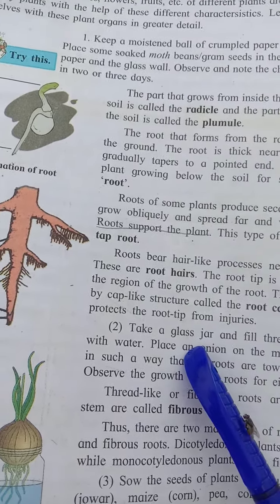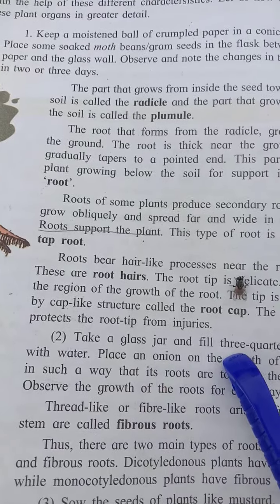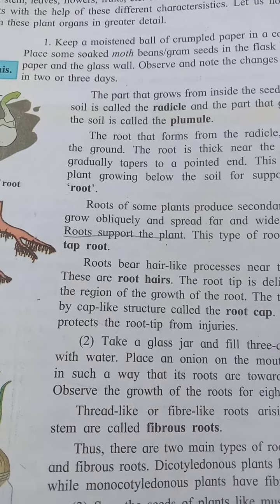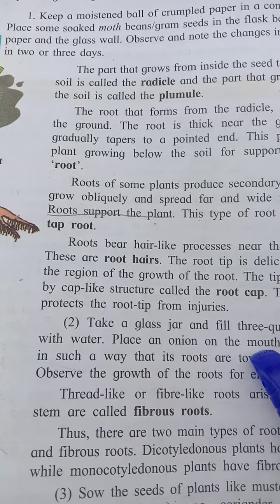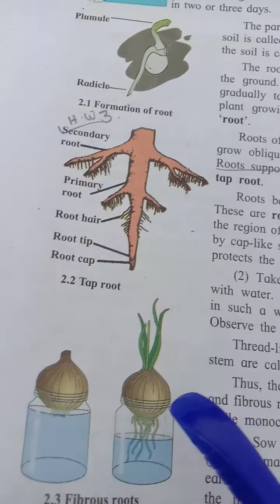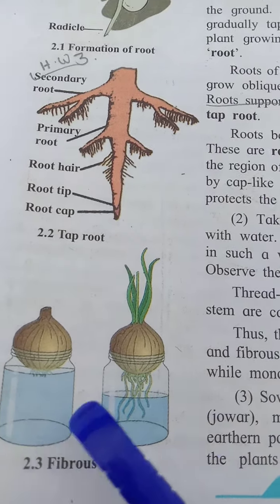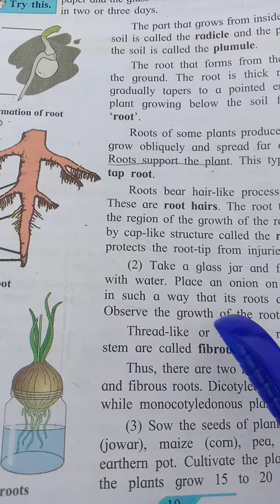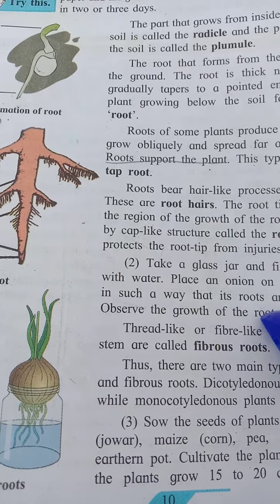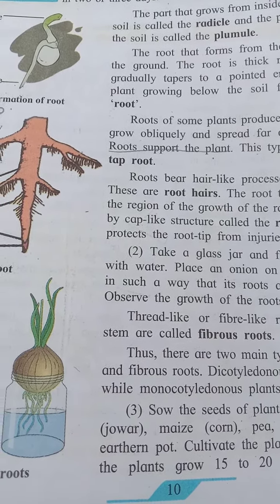Now second, try this. Take a glass jar and fill 3/4 of it with water. Place an onion on the mouth of the jar like this, in such a way that its roots are towards the water.